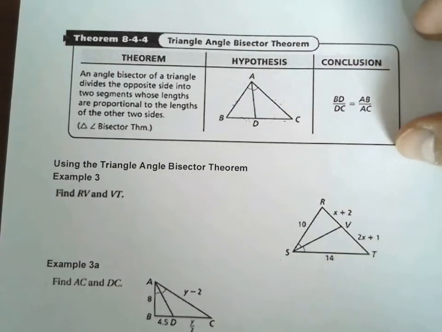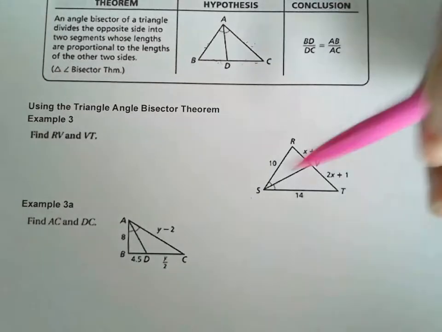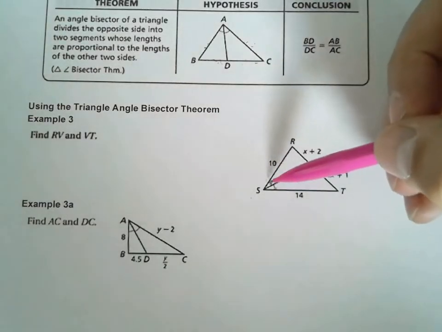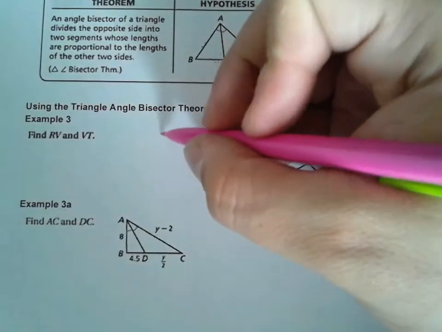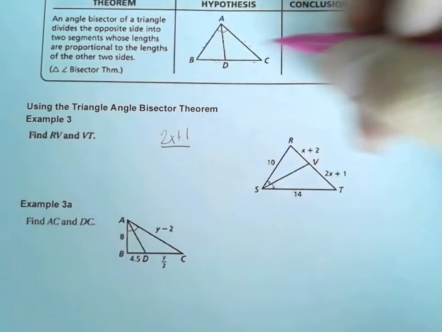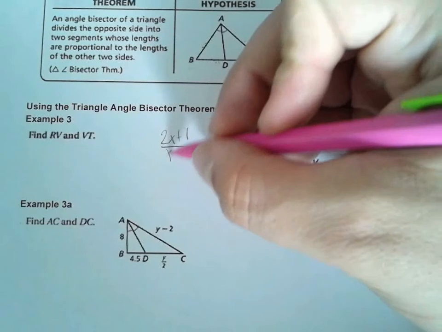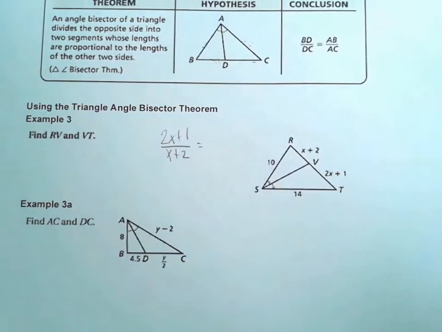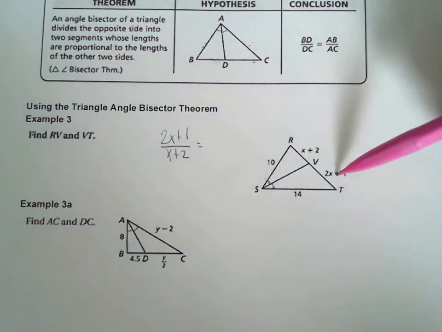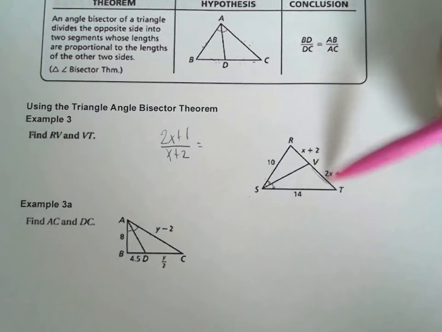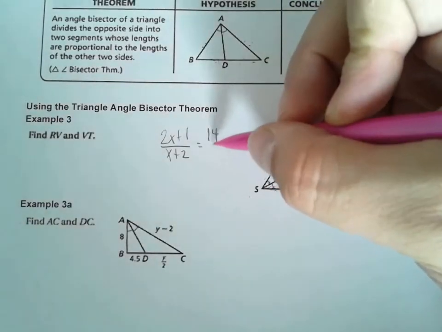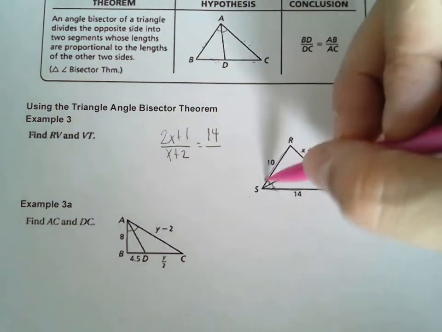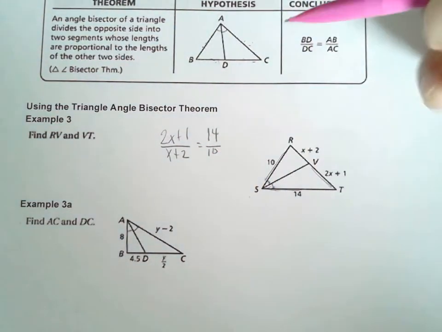Alright? So for example, angle bisector, remember the definition of angle bisector, we can say 2x plus 1 over x plus 2 equals, so we started on this side on top, so make it this side, 14 over 10. So just keep it consistent.